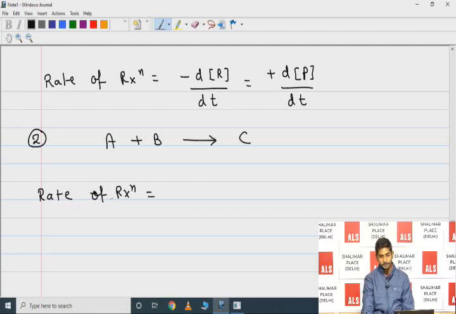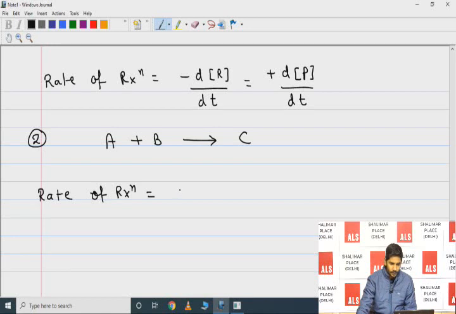Now one thing, that formation of C is totally dependent on A as well as B. So obviously in proportion to A, the same amount of B should be consumed, and with respect to B, the same amount of A should be consumed, and with respect to these two, the same amount of product will be formed.